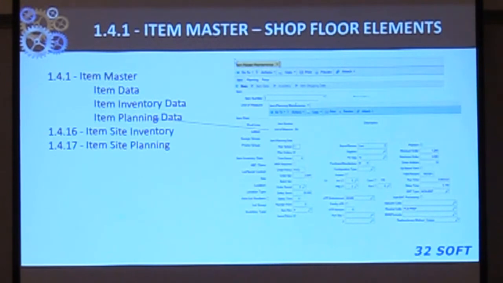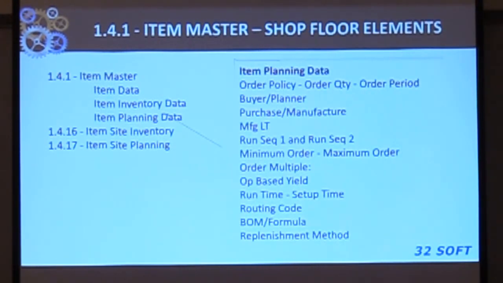Then in terms of the item planning data, you've got your order policies, your order quantities, buyer planner codes, purchase, make, buy, lead times, run sequences 1 and 2 if you're using competitive, minimum, maximum orders, multiples, operation leads, and then finally your routing codes.